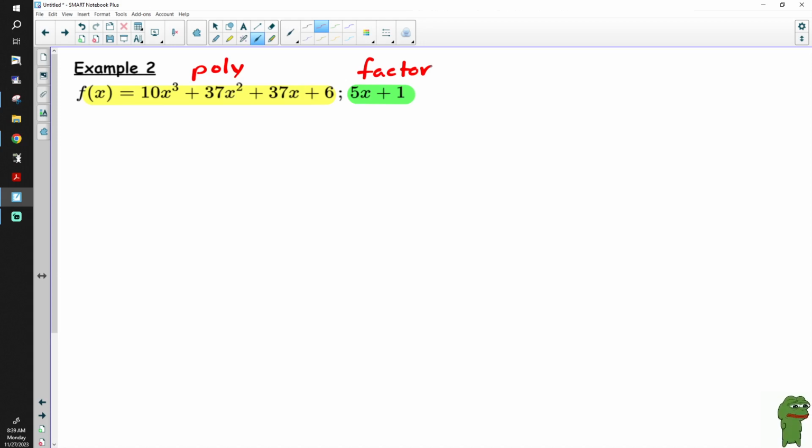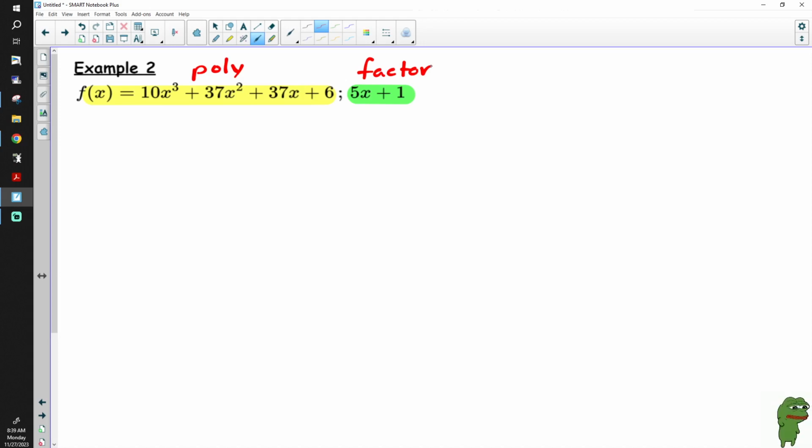We can't use the x method, so there's only one thing to do. We know that 5x plus 1 is a factor, which means it'll divide out of the polynomial evenly and will have no remainder. So the first thing we need to do is factor out 5x plus 1 using long division.